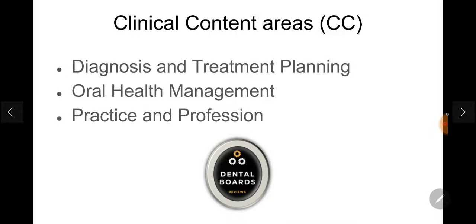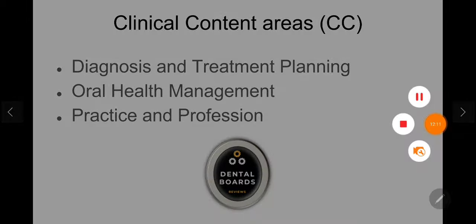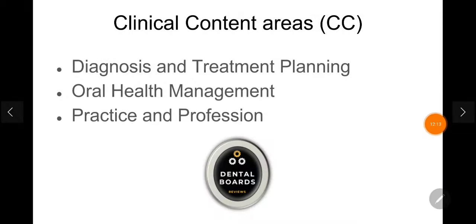All right, so moving on. The clinical part, which is the dental, the largest part, which has 56 areas of the INBDE, has three major parts. Number one, if a patient comes to you, what do you want to do? You have to have a diagnosis, and then you have to make a treatment plan.